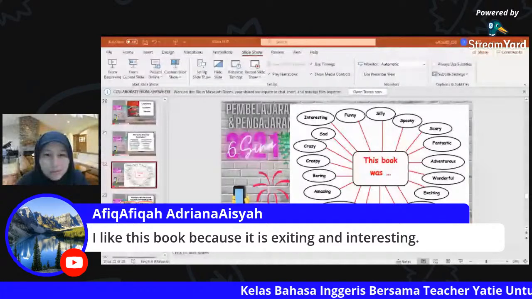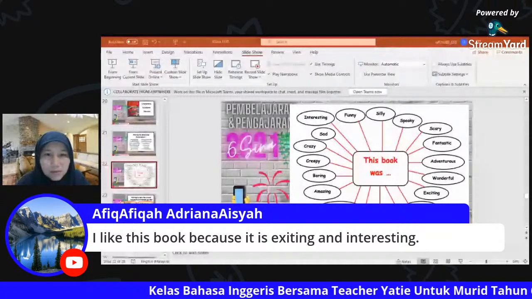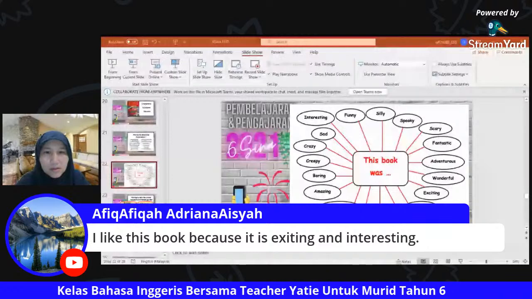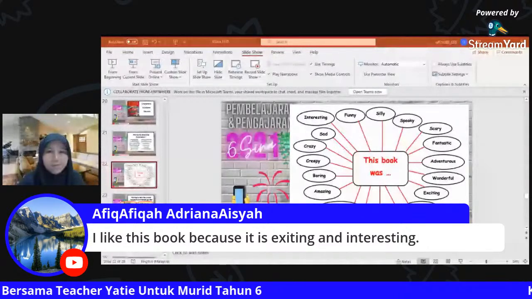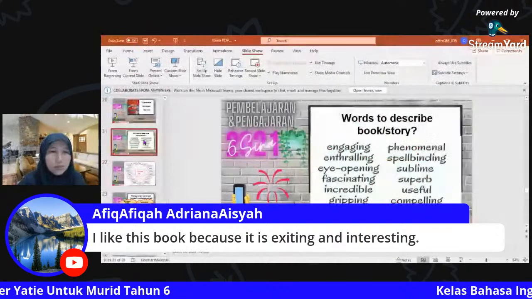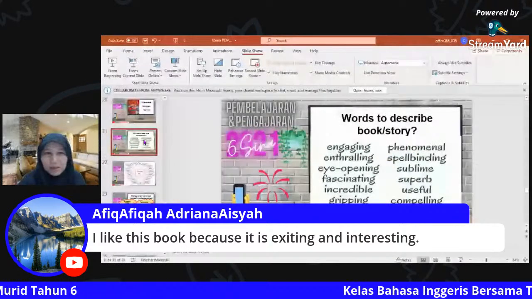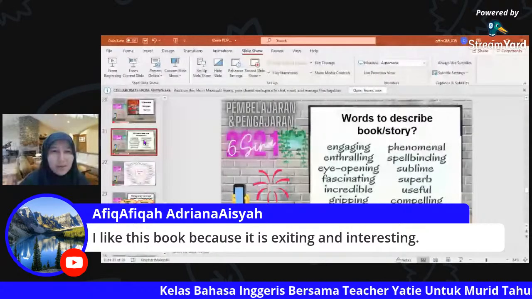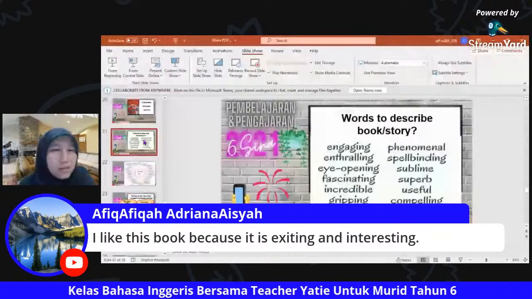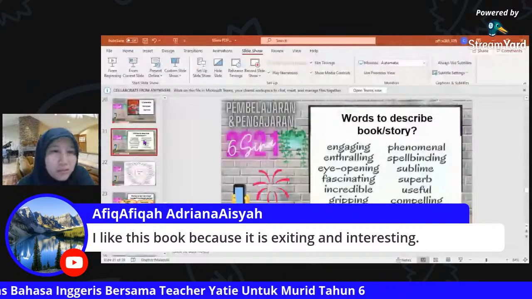Choose words that look a bit smarter, right? Always just interesting. So you can look again into the slide and pick an exciting word.